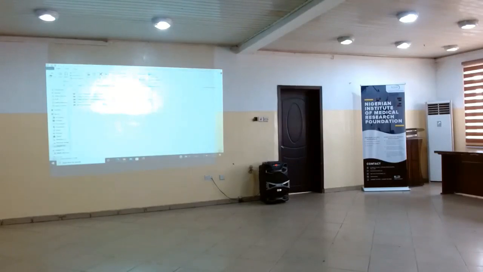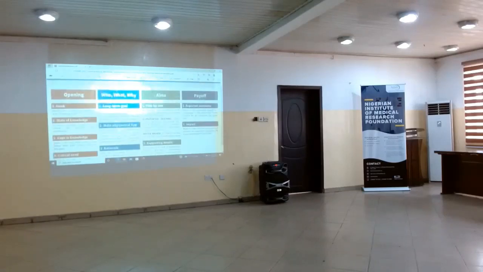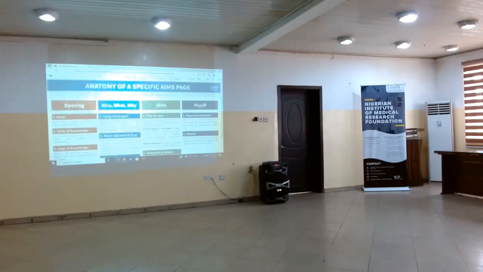Okay, now what I want to show you is what I would regard as the anatomy of a specific aims page. So this is one of the resources that I picked from the NIH link page. I think it's there.